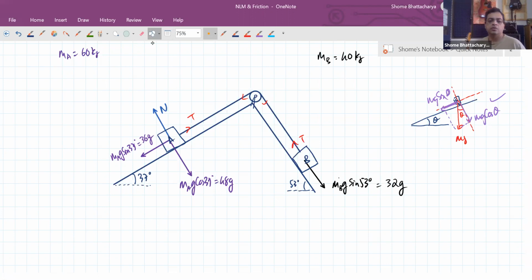And the component of its weight normal to the inclined plane, so 40 into cos 53, will be 24g. So this will be 24g. And again, there will be some normal reaction acting, which will be this.